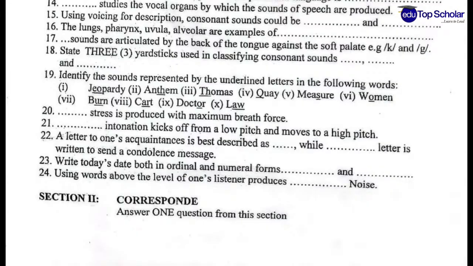When you are writing sound, please put your sounds in slanting brackets. If you just write the sound, you have not written sound, you have written letter. Only when you put it between the brackets, that is when you are writing sound. And I will give you examples now. So we have 10 different words here that they ask you to write phonetic symbols for.